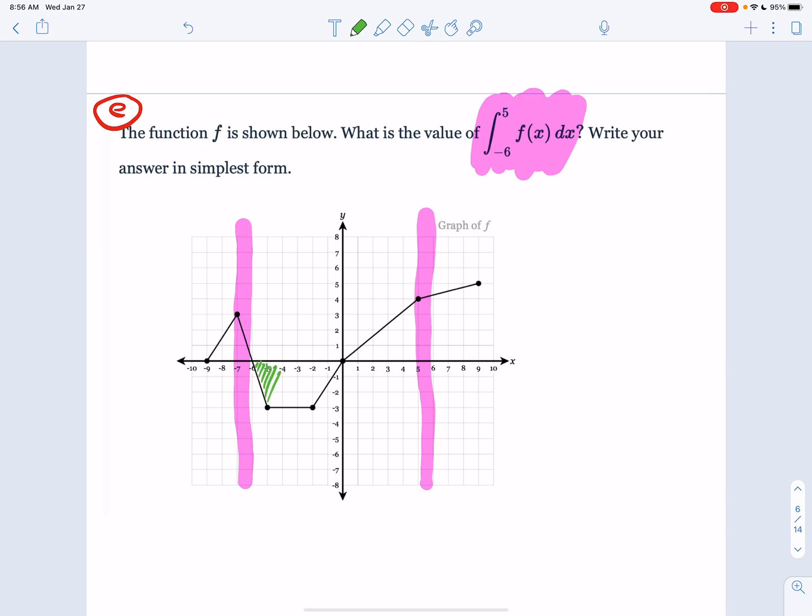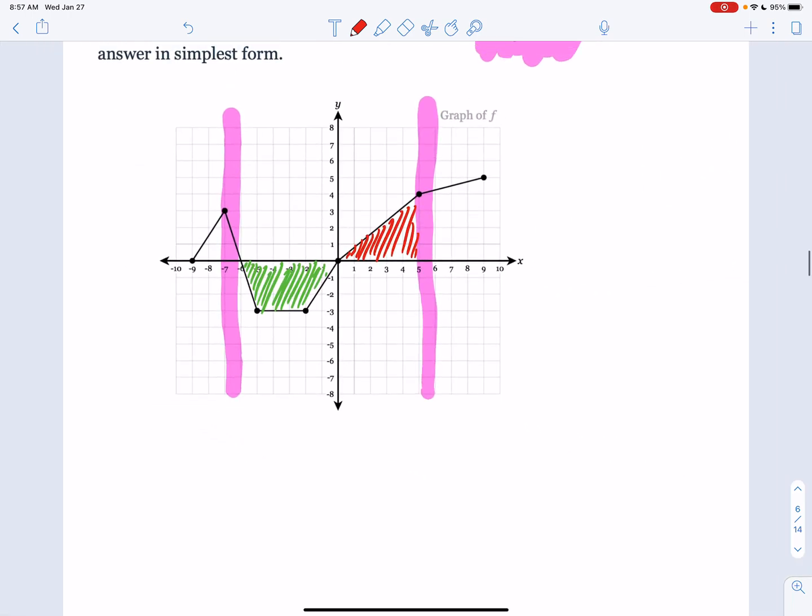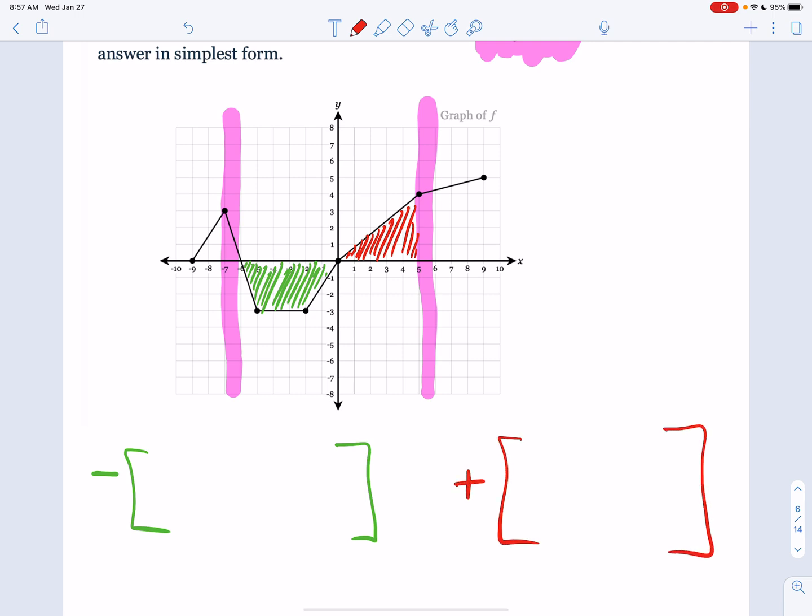We have the more traditional trapezoid, and then we have a right triangle. Notice that the trapezoid is below the x-axis, so I know the overall result will come out negative. And I'll just group that, okay? Now the triangle is above the x-axis, so I know it's going to be positive something. All right?